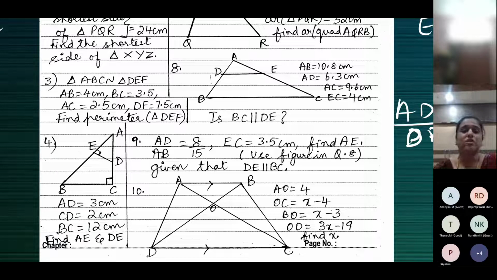In one, you are given that ABCD is a trapezium, and you have to prove that AO by OC is equal to BO by OD. In the other question, you are given that AO by OC is equal to BO by OD, and you have to prove that the quadrilateral is a trapezium.